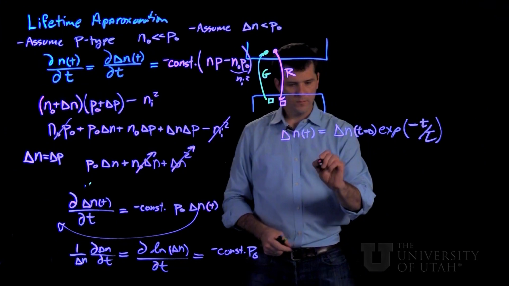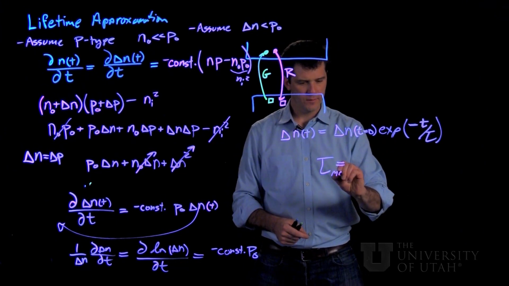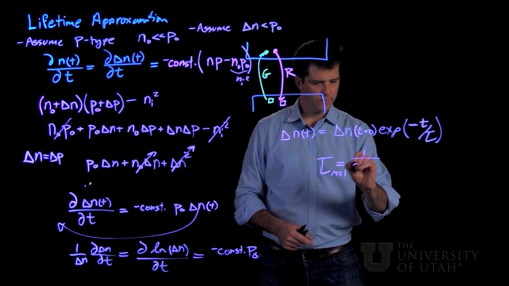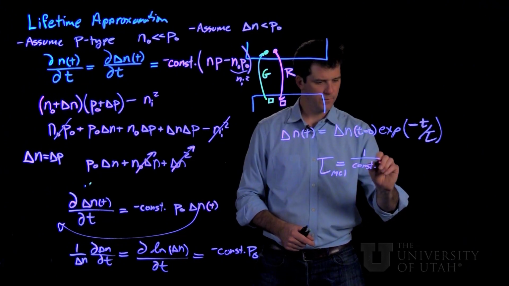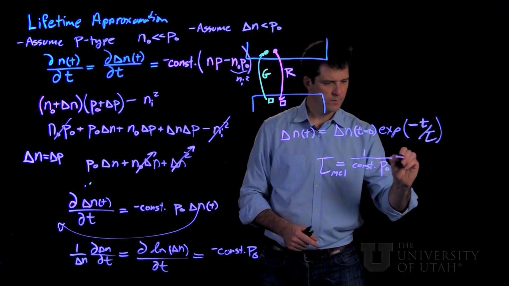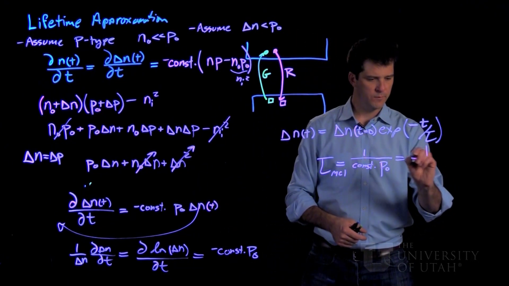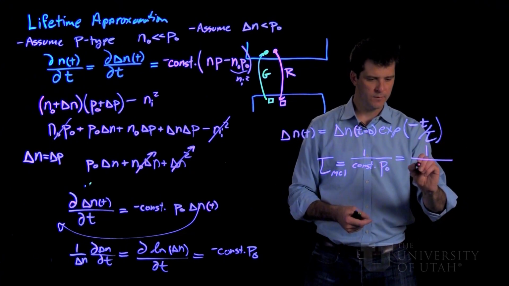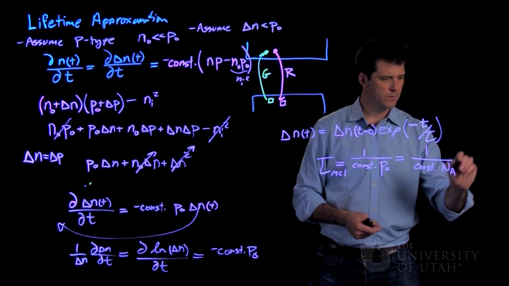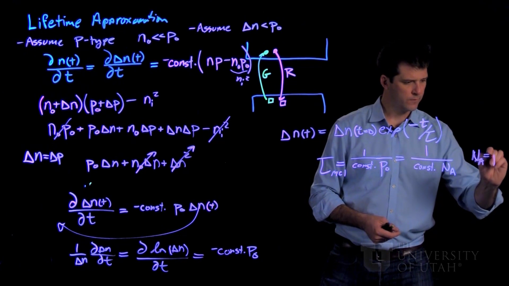And this tau, sometimes called the minority carrier lifetime, is equal to 1 over this constant times our p naught. And if we go back to our definition of p naught, this would usually be written for normal operating conditions as constant times Na, with the assumption that Na equals p.